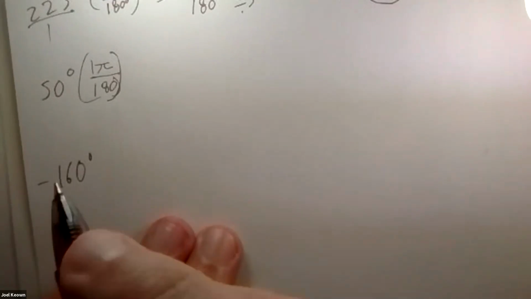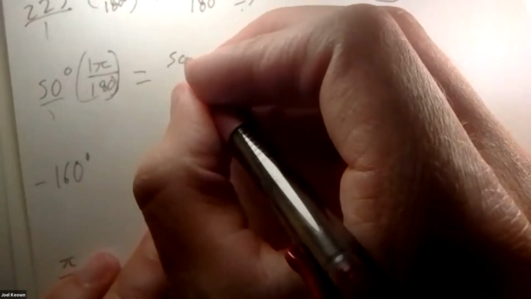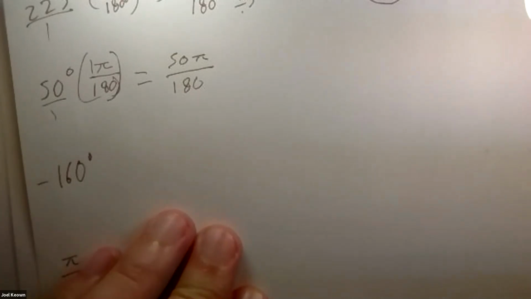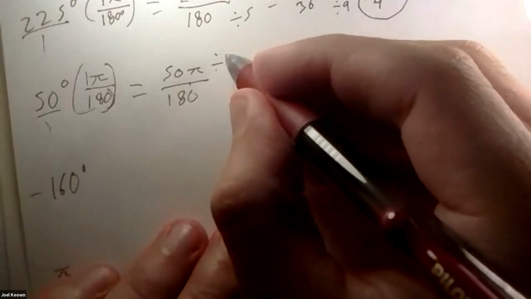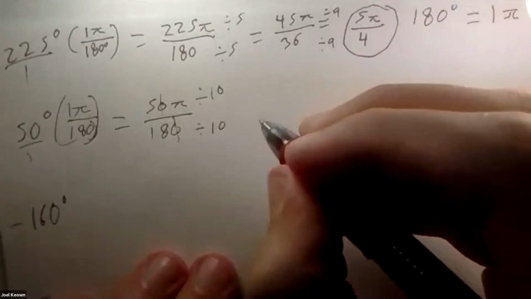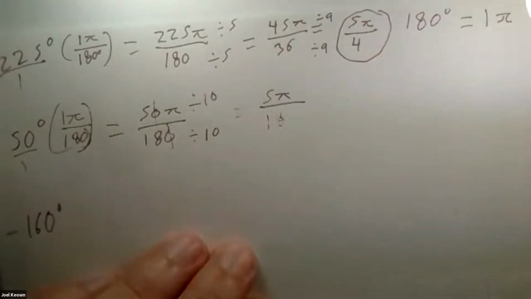Multiply it by 1 pi over 180. When I multiply, I get 50 pi over 180. Well, 50 and 180 are both divisible by 10, so I can divide them both by 10, which really just cancels out that 0, and I get 5 pi over 18.